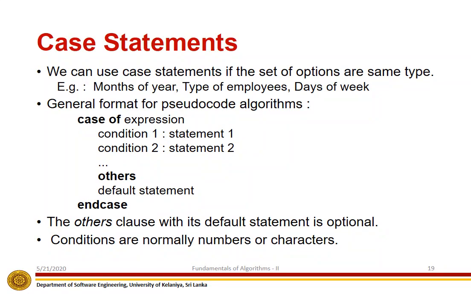Finally, with the others keyword, we give the default statement to be executed if all of the above conditions are false. This will execute only if the above conditions are false, like the else part in the if-else if structure. Here the others part is acting as that. Then end the case structure with the keyword end case.